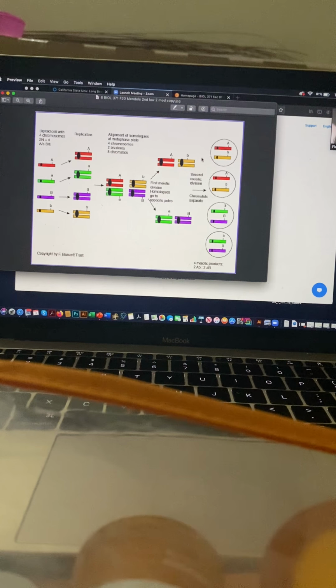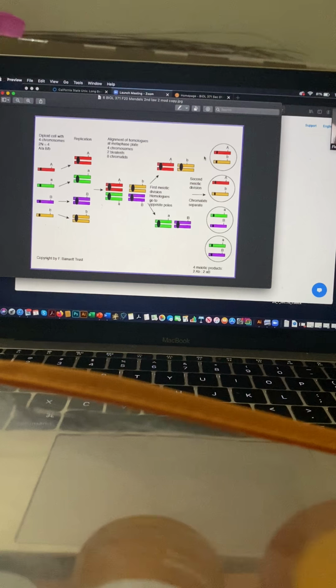Okay, and the chromatids separate, and you end up again, in every case, with 4 haploid meiotic products, where 2 of the cells will have a red and an orange chromosome, and 2 of the other cells will have a green and a purple chromosome.